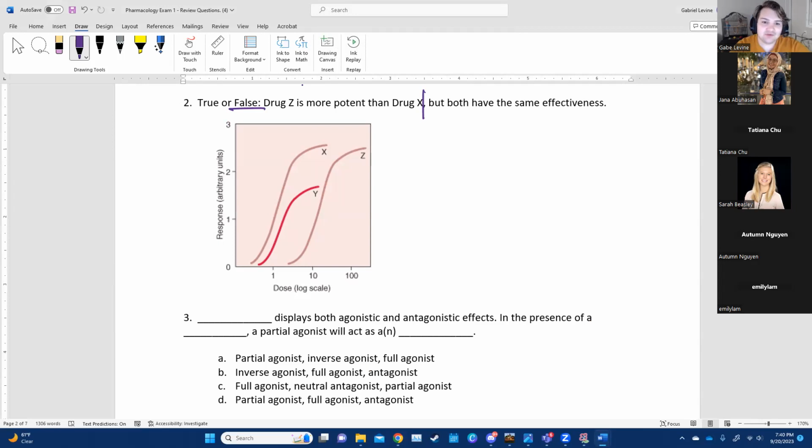So, is drug Z more potent than drug X? Well, we know that potency is a measure of the x-axis, and as you go to the right, you become less potent. So drug Z is to the right of drug X, meaning that it is not more potent, it is less potent.